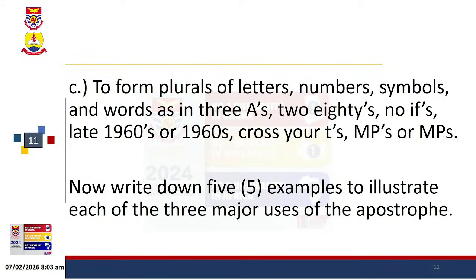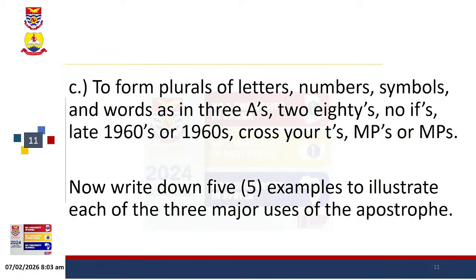Okay, good. So I believe you can now give us some 5 examples to illustrate each of the 3 major uses of the apostrophe. First, we mentioned earlier that we use the apostrophe to mark possession in nouns. We also talked about it being used in marking time units.